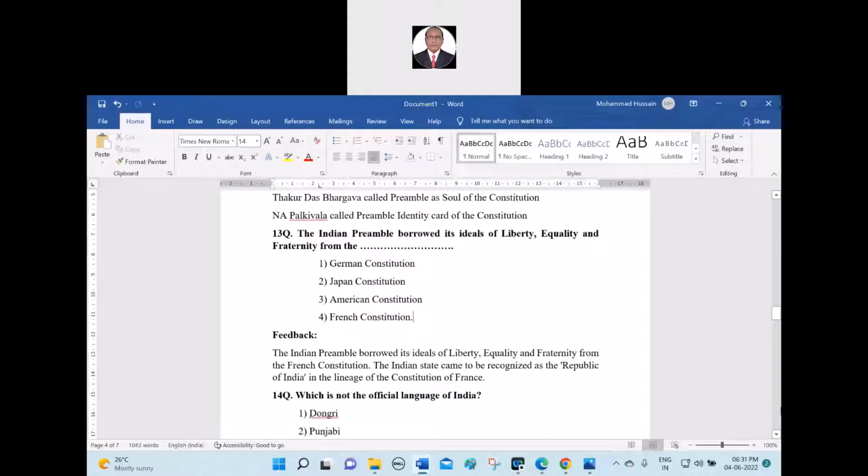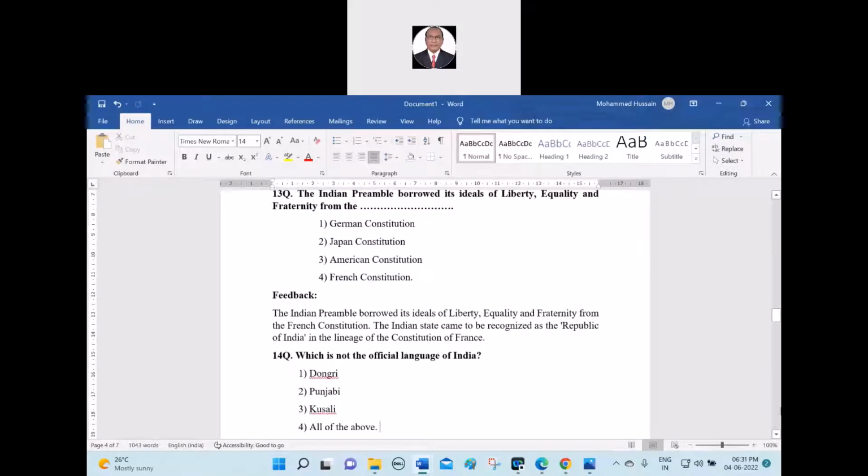Next, 14th question. Can anyone unmute and read the 14th question? Which is not the official language of India? Option 1, Dongri. Option 2, Punjabi.